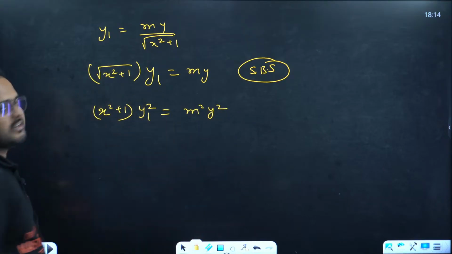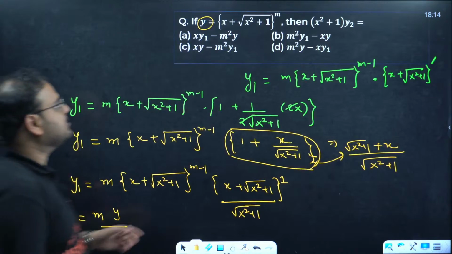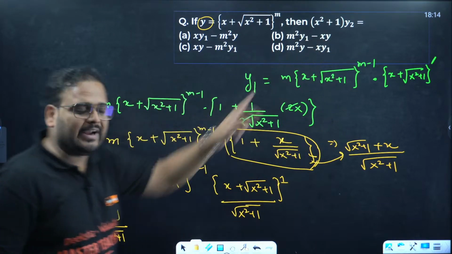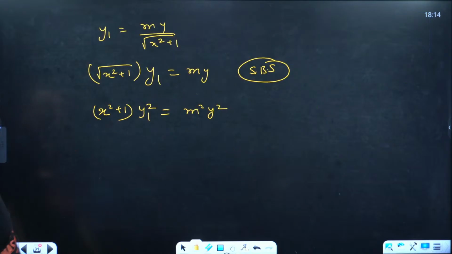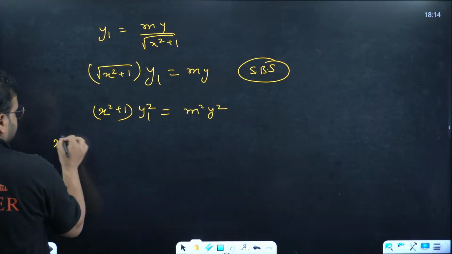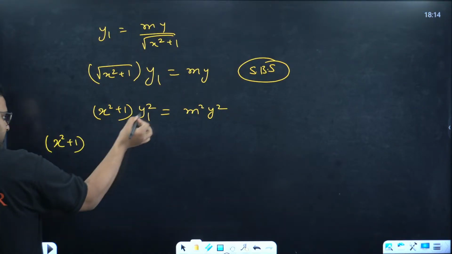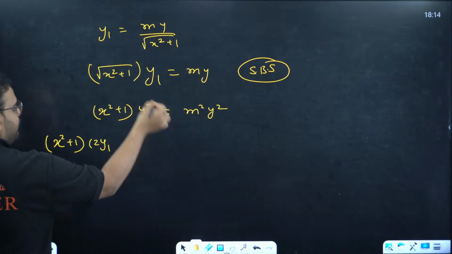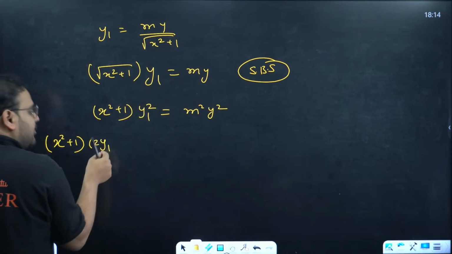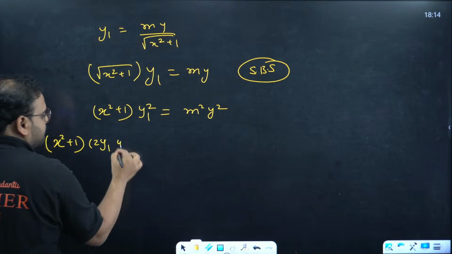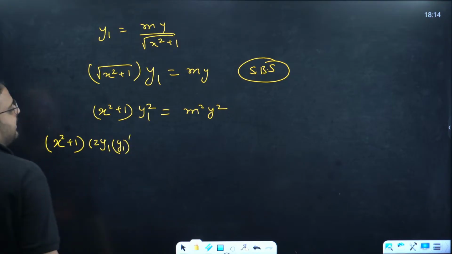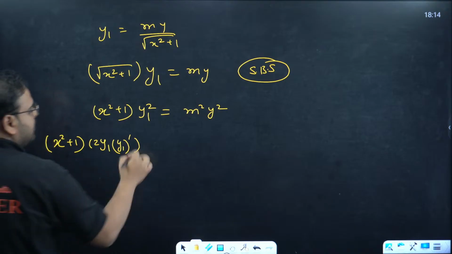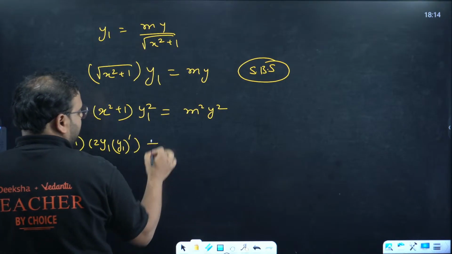Now differentiate it, because what are they asking in the question? x square plus 1 times of y2. So just keep this as it is. Differentiate y1 square. You'll get 2y1. Derivative of y1 square is 2y1, and differentiate y1 again. That'll become y2 actually. We'll do that later. And this is product rule.